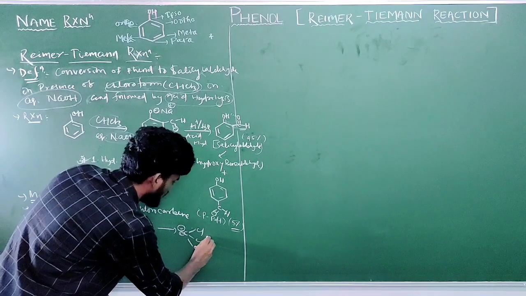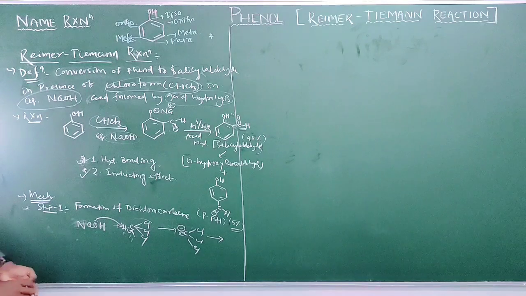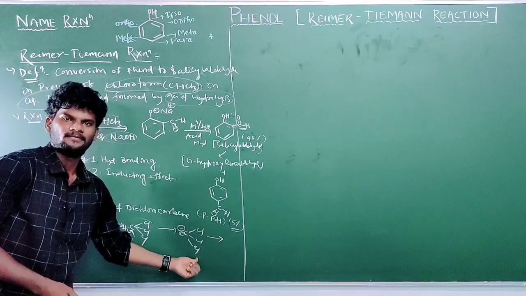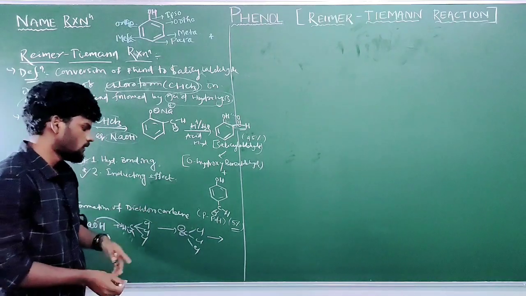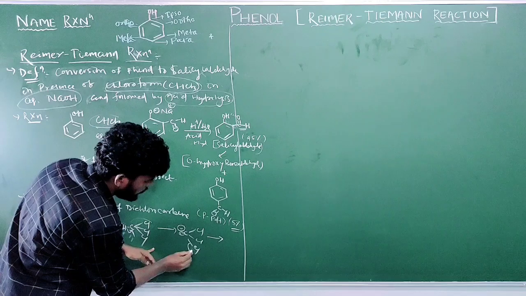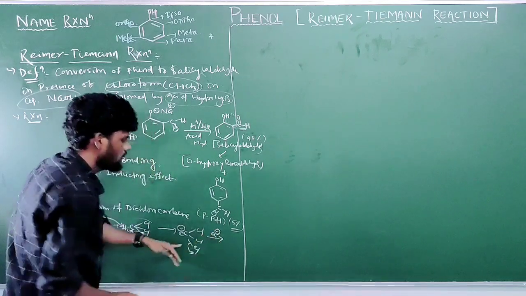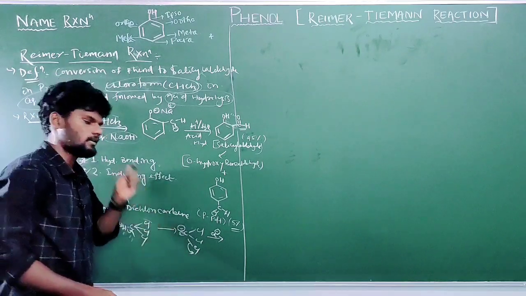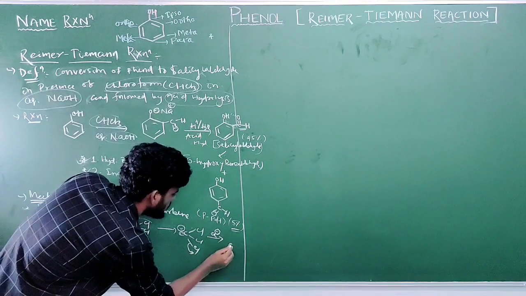In the next step, one of the chloride ions releases itself. Chloride ion is stable, satisfies the octet rule. So one of the Cl leaves as Cl minus, and the minus charge is taken by the carbon to form C with 2 Cl groups now.